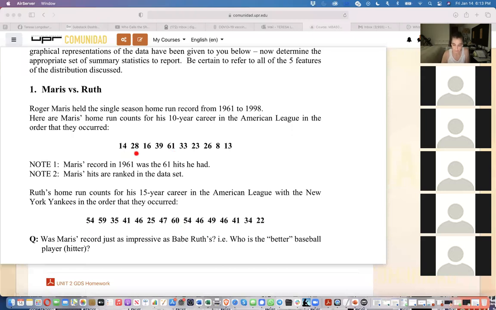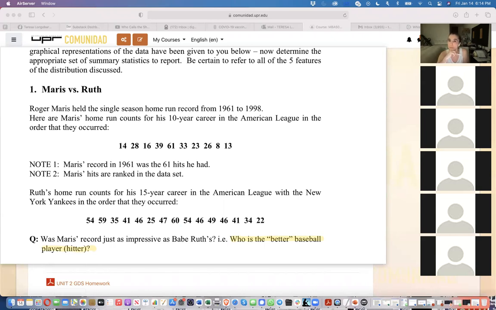Looking at these numbers, can you answer the question, who is the better baseball hitter? Can you answer the question here? What do you think? You can put in the chat, you can talk to me.